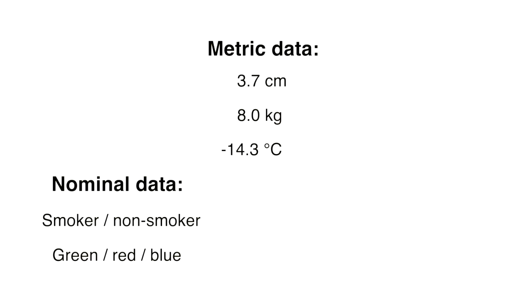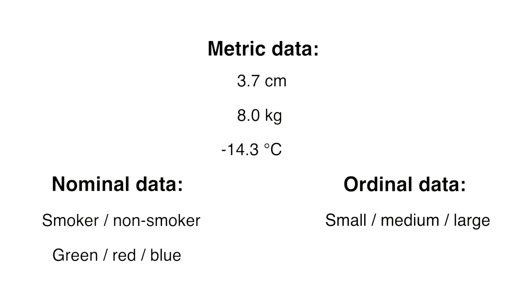Subjects either belong to one class or to another. Either I'm a smoker or I am not. And then there are ordinal data. Also, these are classes with a name, but they do have an order, such as small, medium, large. In our example, we have measured the height of children, and so we have metric data.